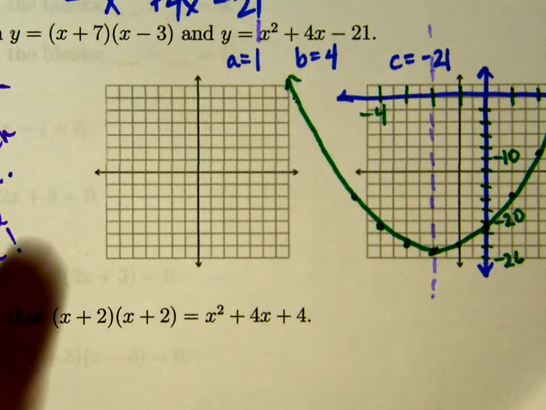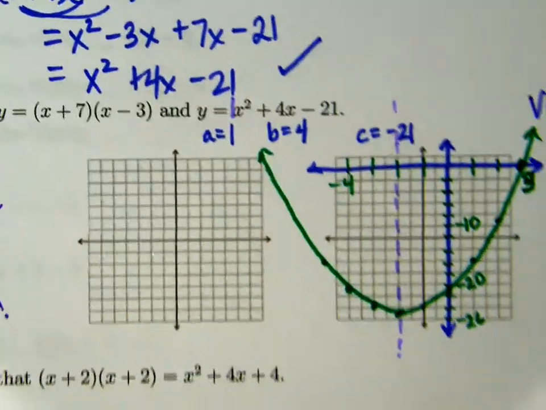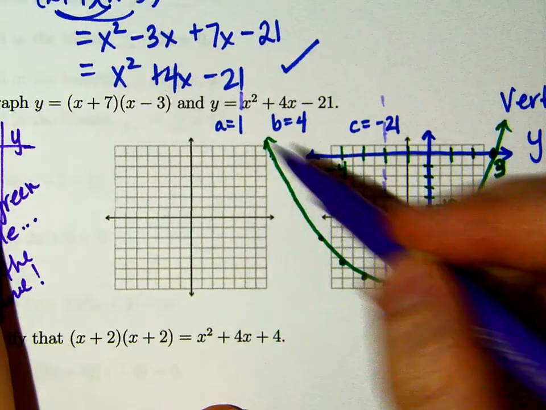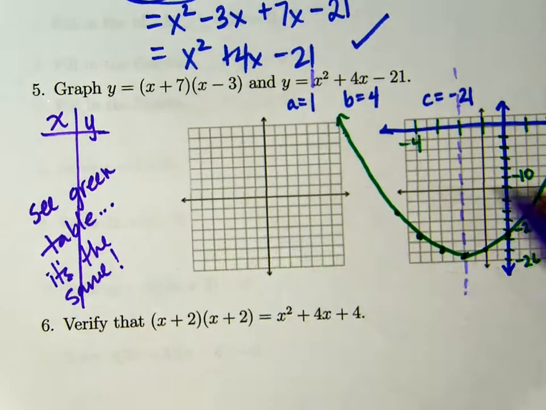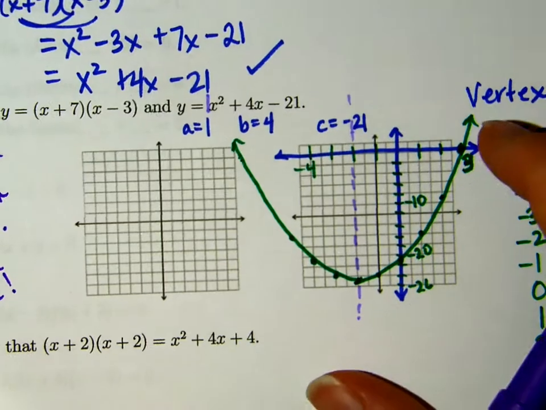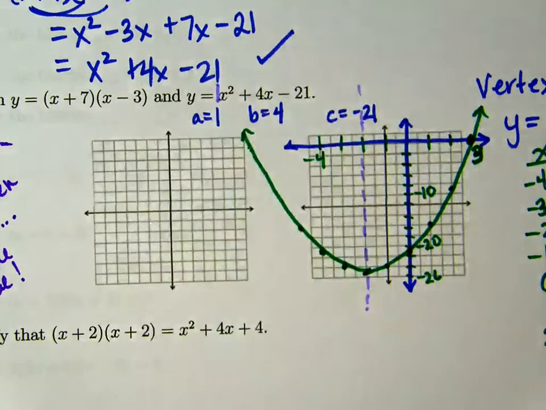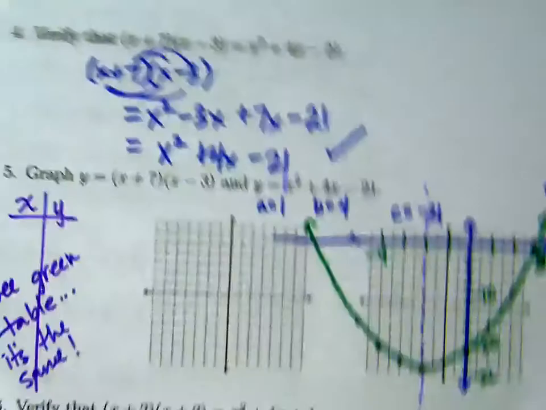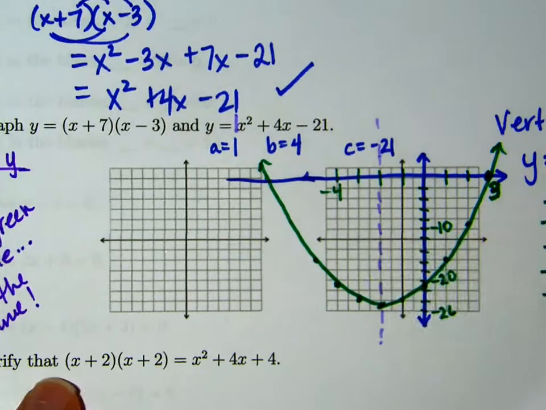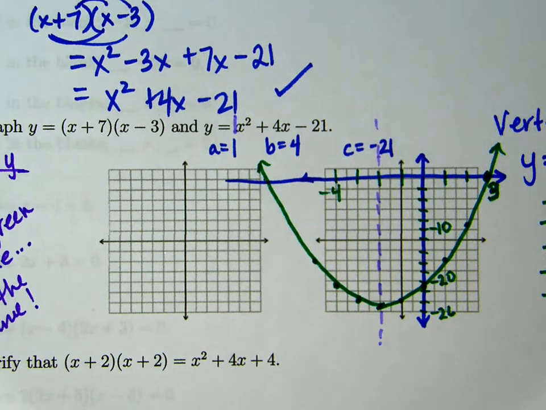And here, so perhaps instead of creating this whole thing over again, we'll just say, see green, it's the same. Okay. And that also means maybe I can extend this. And maybe I can find that.